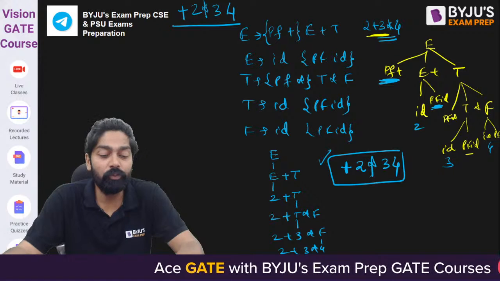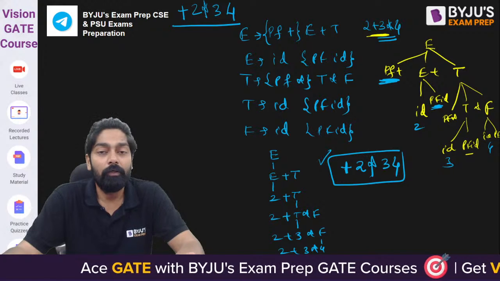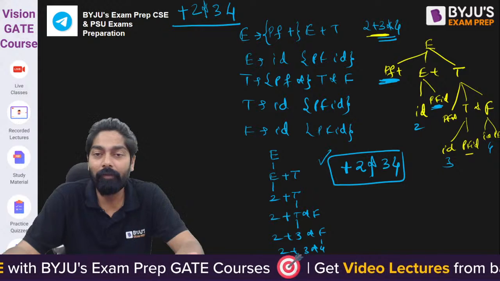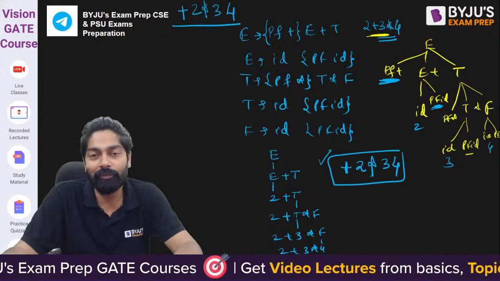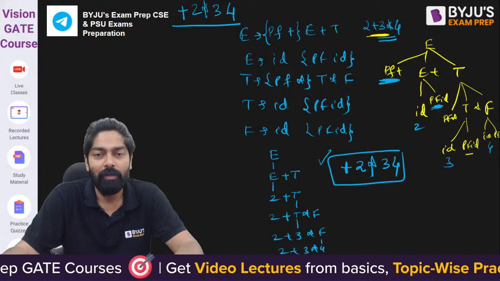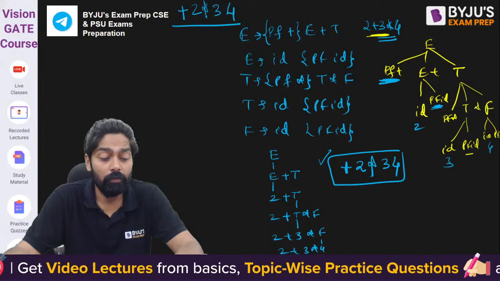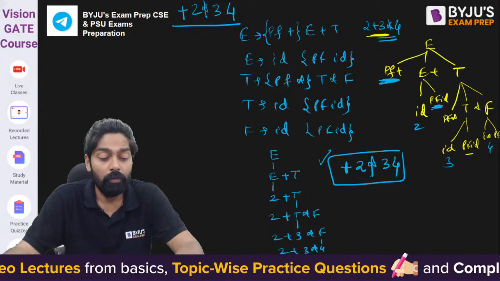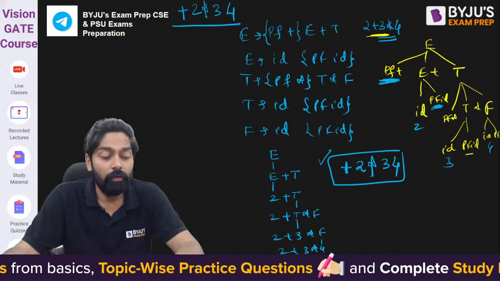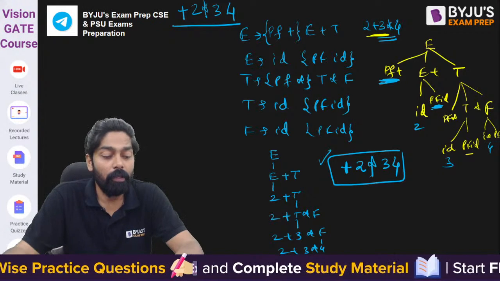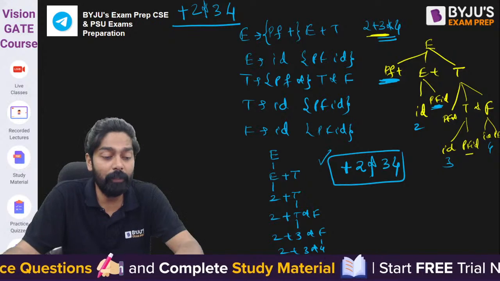To get a PSU job, Satya, for a computer science student in the general category, your rank should be under 100, or till 170 they will call. If you have any question, you can post in the chat box.